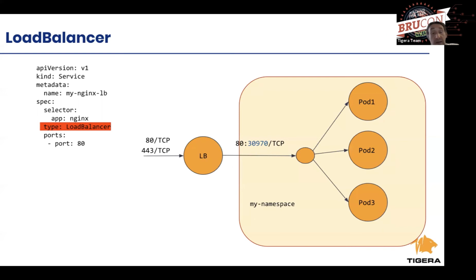The idea is that once the service is defined, somebody or something goes to the load balancer and tells them, if you see incoming connections on port 80, send them to the nodes on port 30,970 in this case. But it needs an integration with a load balancer.